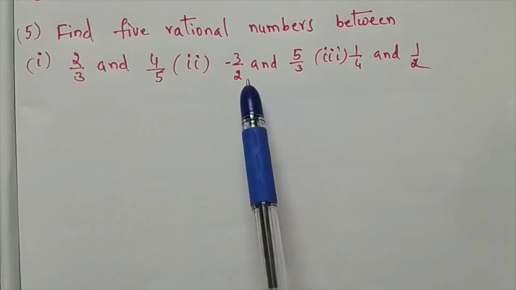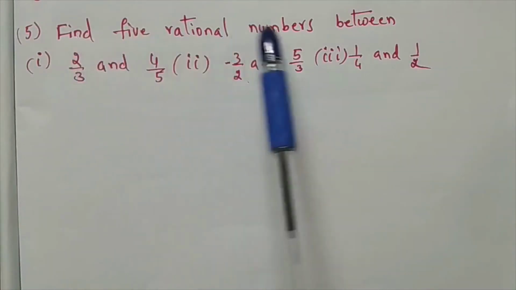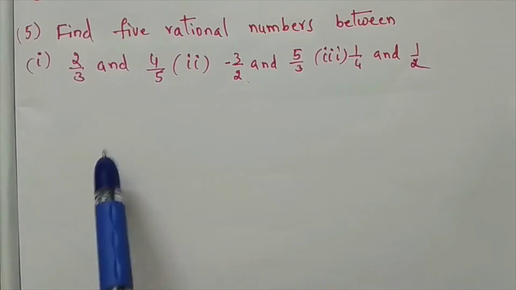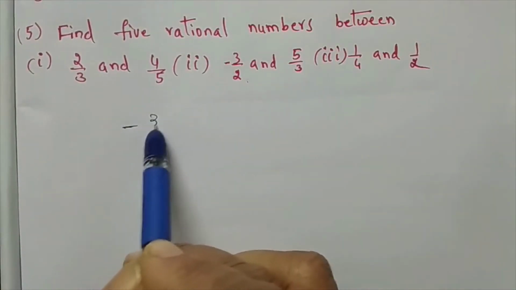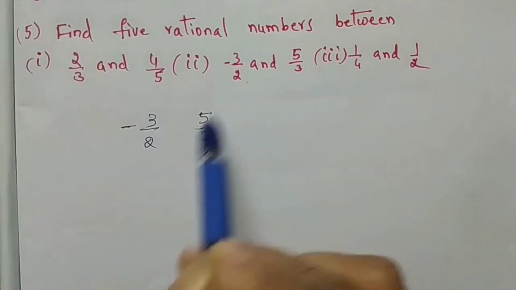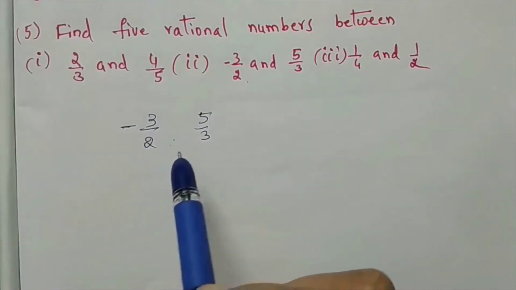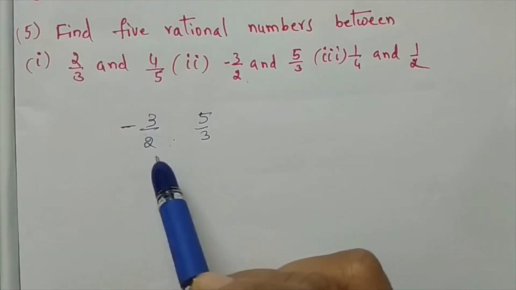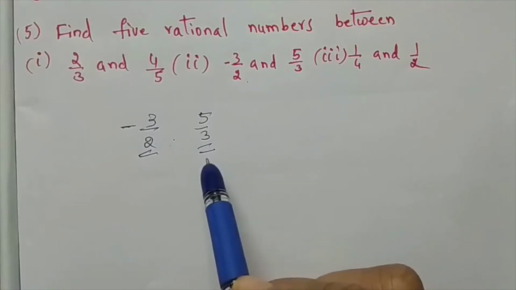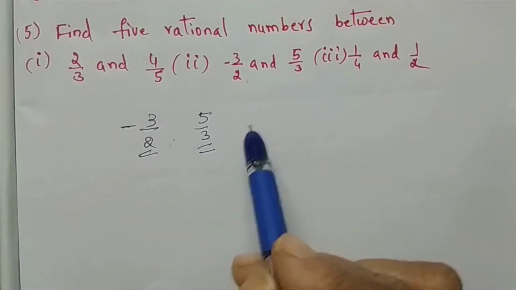Let's discuss second bit of fifth question. Find 5 rational numbers between minus 3 by 2 and 5 by 3. So our given rational numbers are minus 3 by 2 and 5 by 3, and we have to find 5 rational numbers between them. The very first step is we have to change the given rational numbers into rational numbers such that they have same denominator.